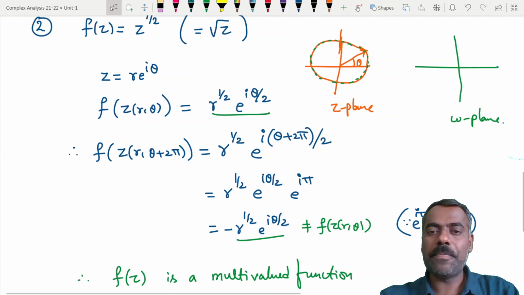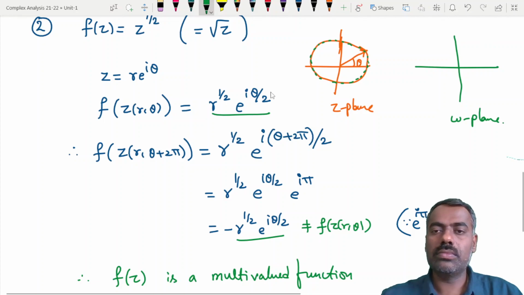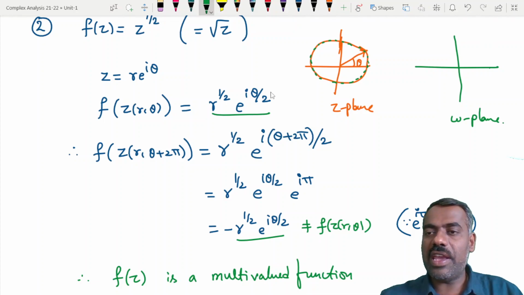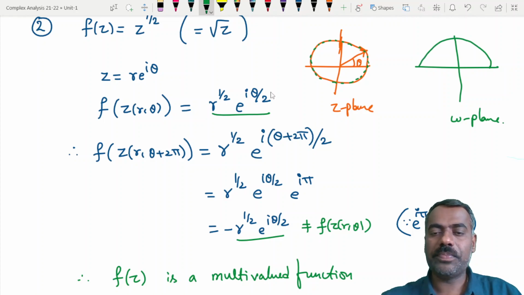When theta is pi, then it is actually pi by 2. Yes or no? So even if in the z plane it completes one circle, it only crosses 0 to pi. Is that clear?